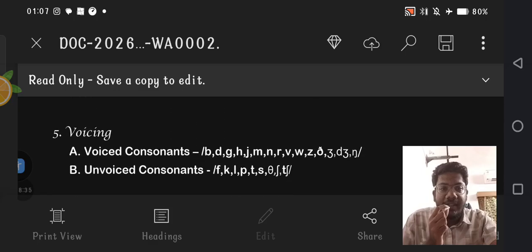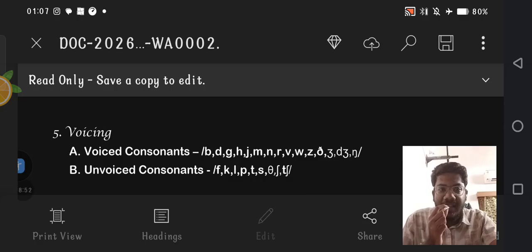Then we come to the category of voicing. Voiced consonants and unvoiced consonants are the two categories. So in voiced consonants, I'll pronounce the sounds along with the categorization.